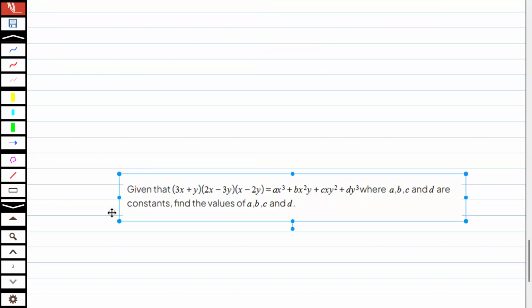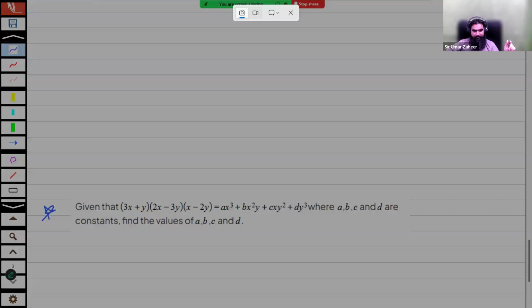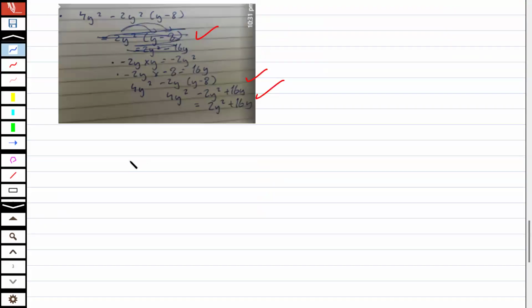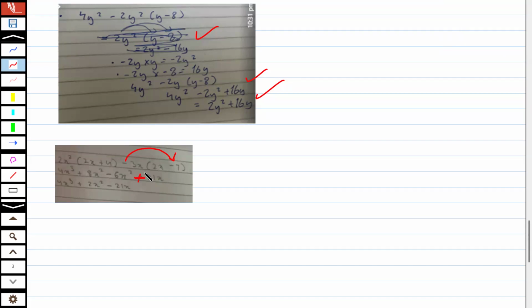Sir, I know something is wrong. I just don't know what it is. Can you just correct it for me? Yes, I will correct it. That's why I'm here. All right, so each and everything is correct, but when you multiply minus with minus, it would be plus. The answer will be positive. The rest of everything is going to be correct.